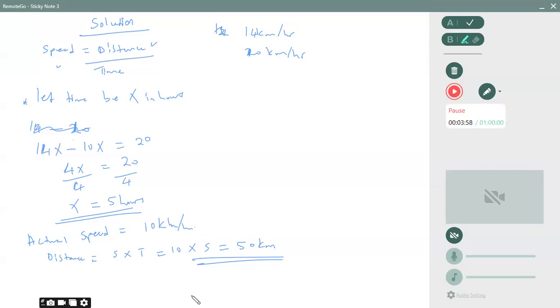Going back to our formula for time, time is given by, it's the distance divided by speed, isn't it?